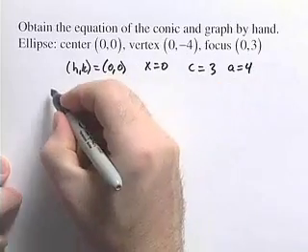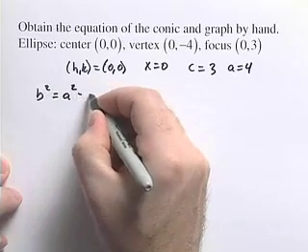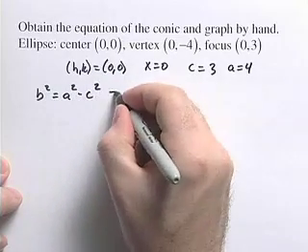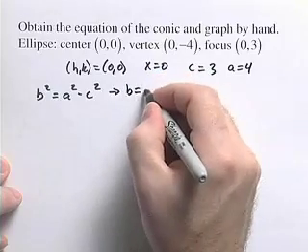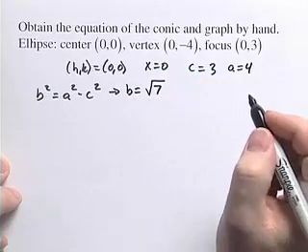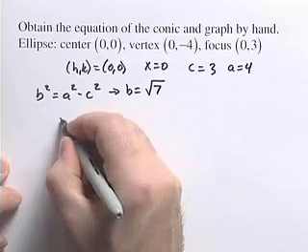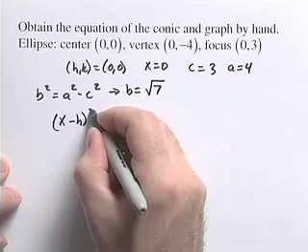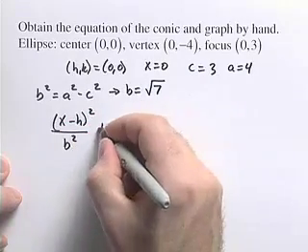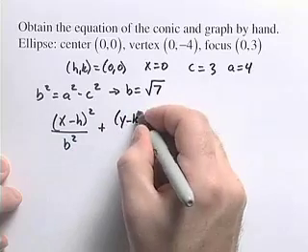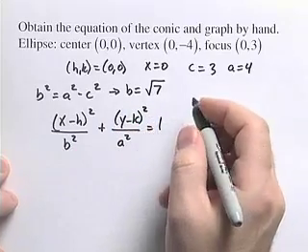Because we know c and a, we can get b using b squared is equal to a squared minus c squared. That will give us that b is equal to the square root of 7. Our ellipse then is going to take on the form (x minus h) squared divided by b squared plus (y minus k) squared over a squared is equal to 1.